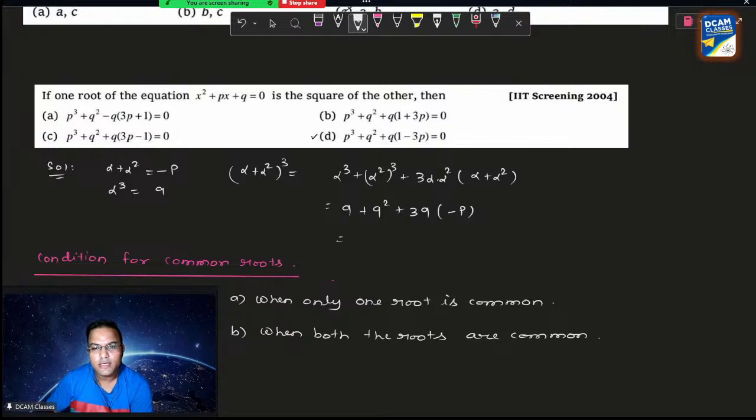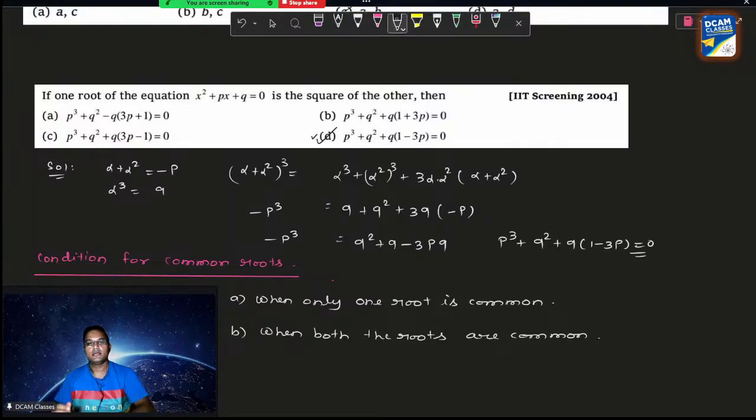Should be easy. Alpha plus alpha square is minus p. So you should be getting this condition: p cubed plus q square plus q into 1 minus 3p. Yeah, exactly. We are getting the D part. It's very simple, but why is everyone taking so much time to solve this?